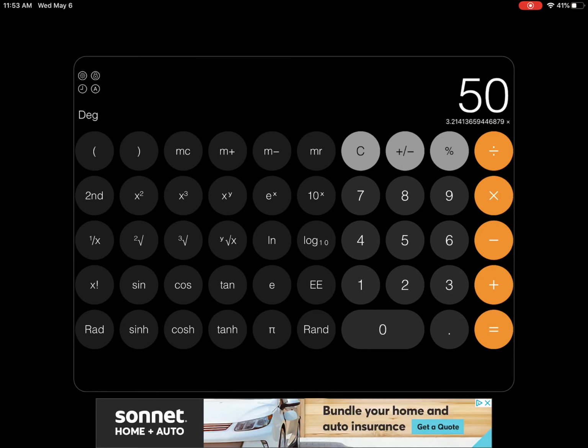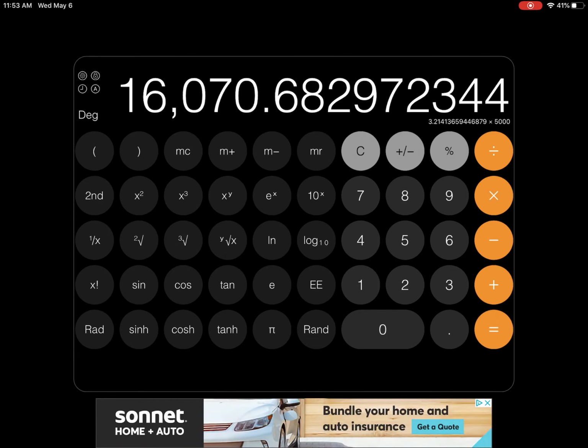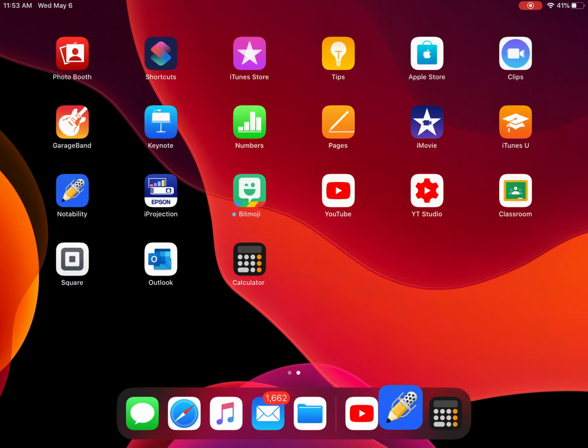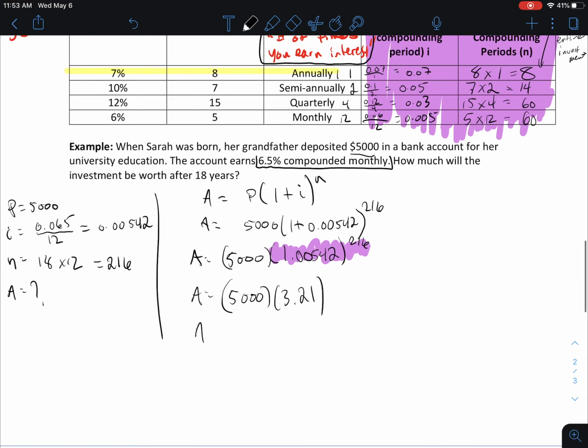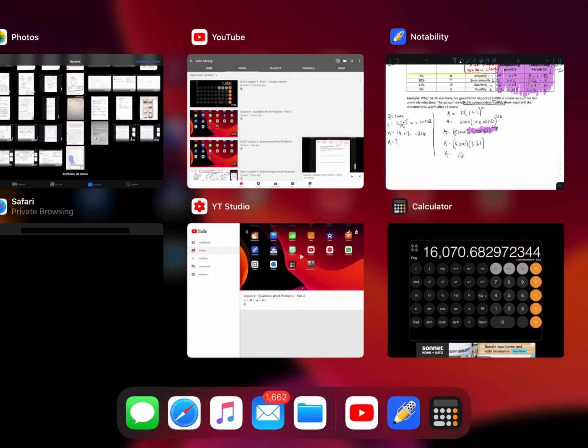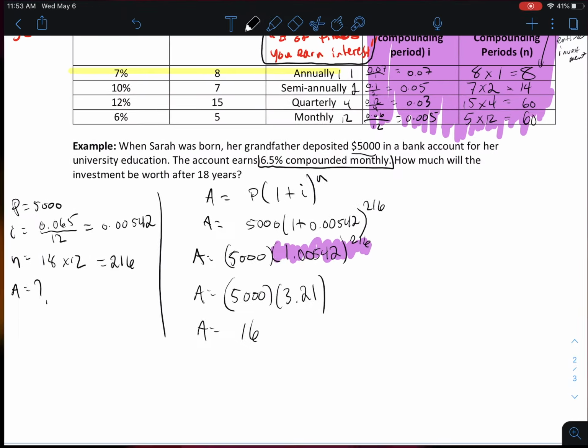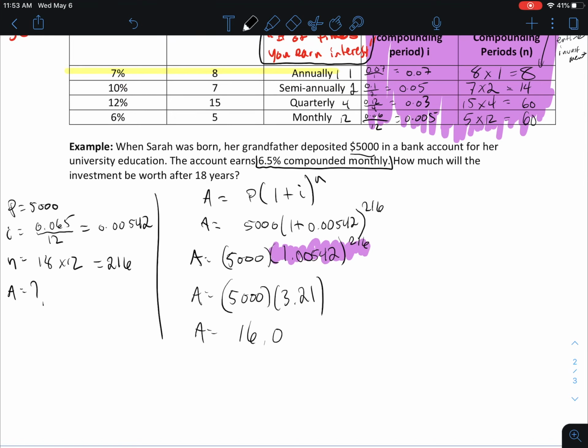That gives 3.21. So we come back here, it's going to be multiplied by 3.21. Then we go back to our calculator, take that answer, multiply it by 5,000. There you go.